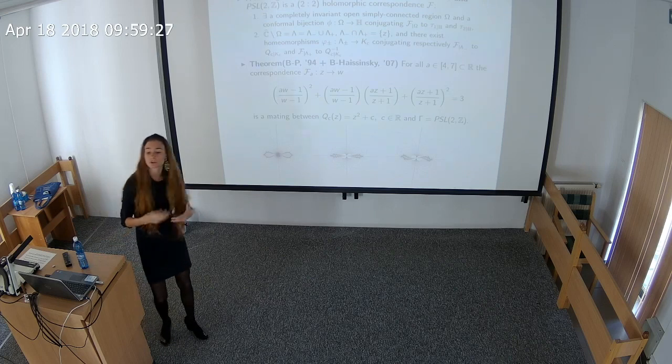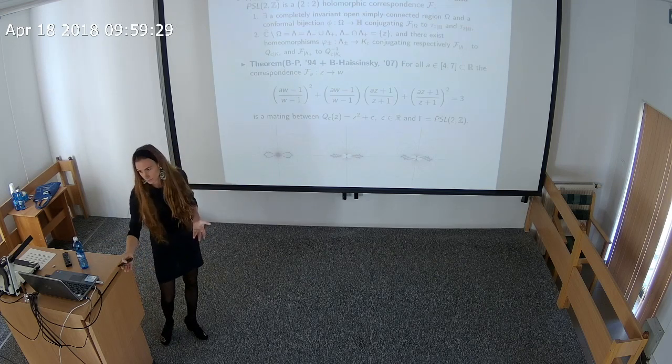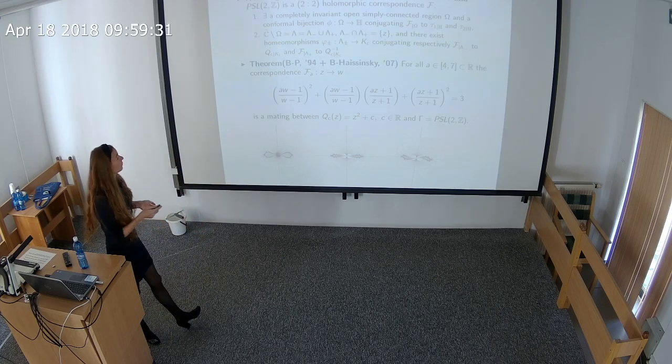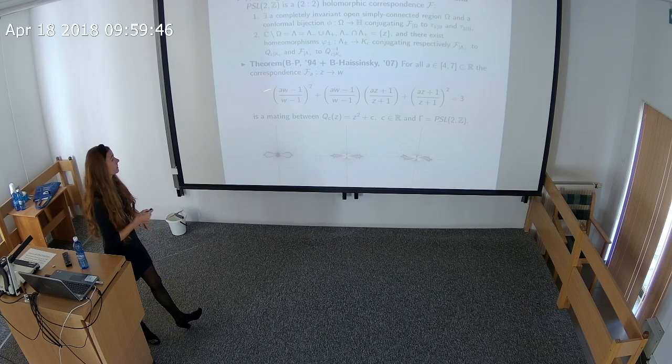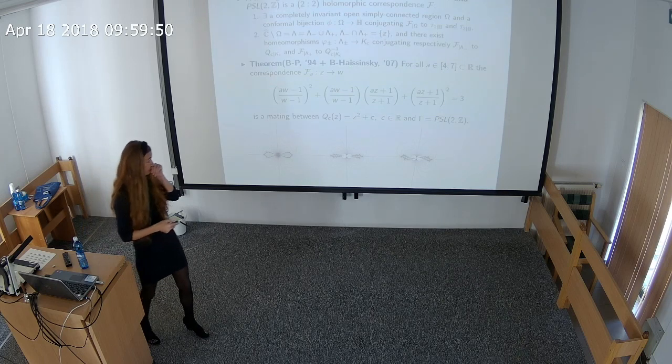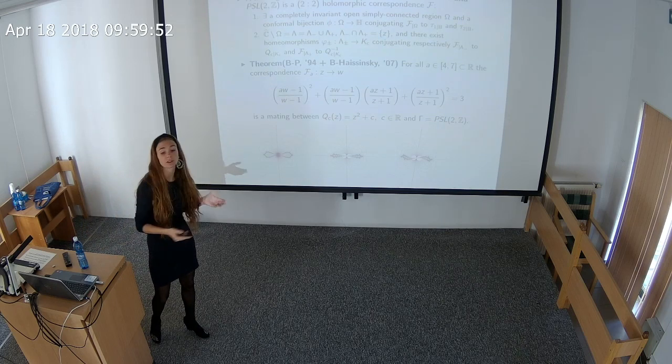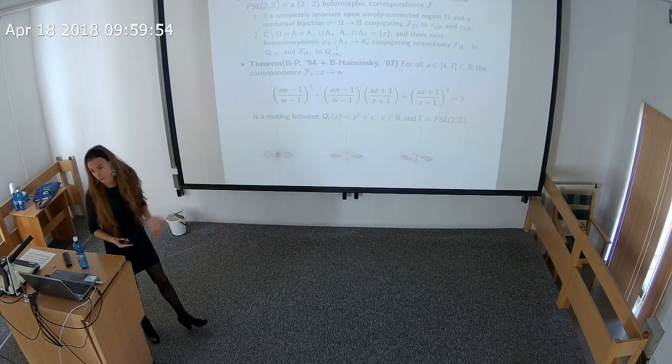Then Sean worked for a long time on this setting, and with Heisinski proved that for all A in this real interval, this family of correspondences is a mating between a quadratic polynomial and the modular group.